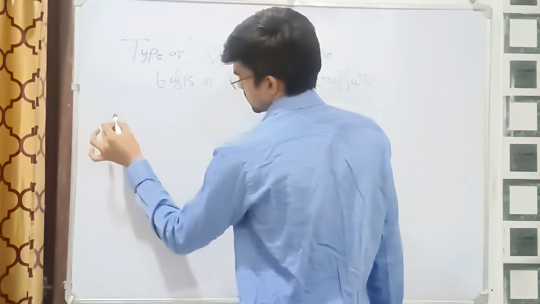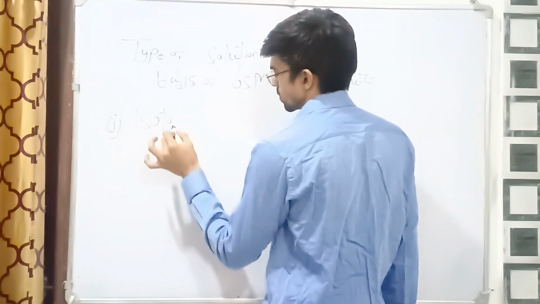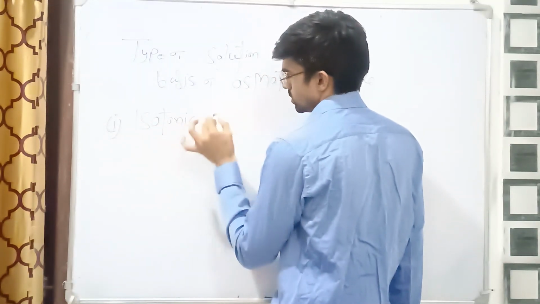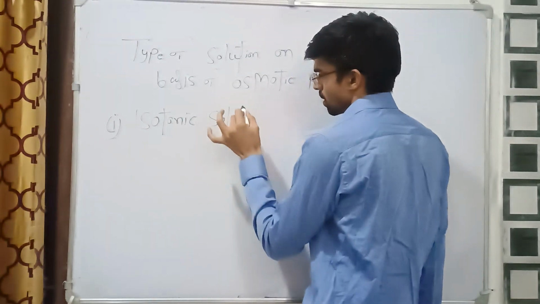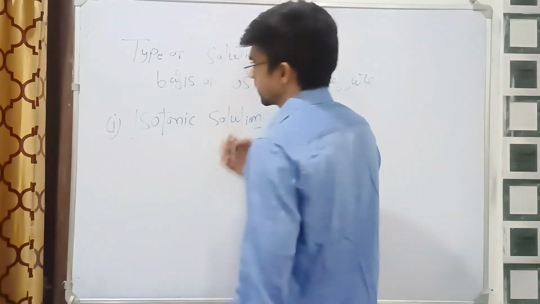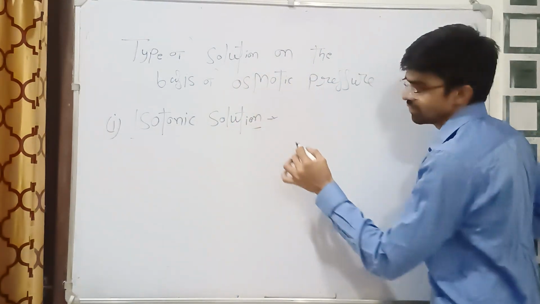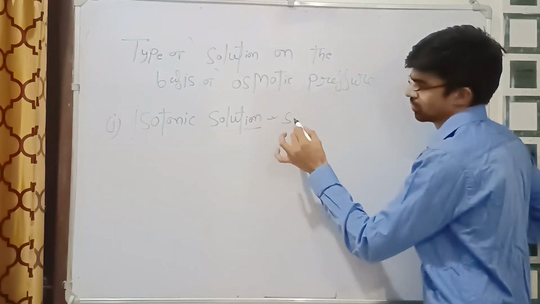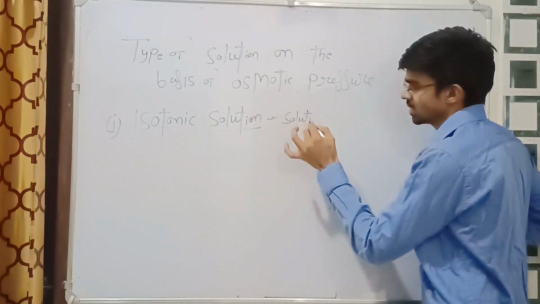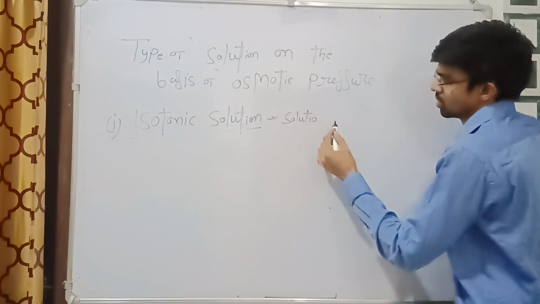The first one is isotonic solution. What are isotonic solutions? The solutions having the same osmotic pressure are called isotonic solutions. And that is possible when solutions have the same concentrations.